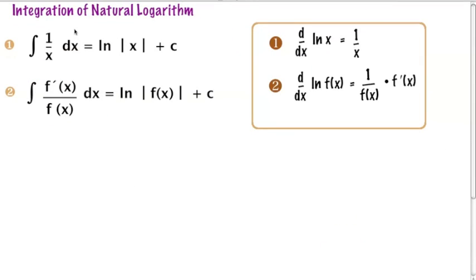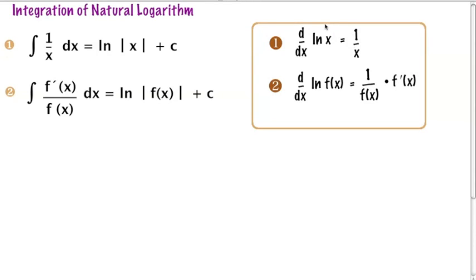Now we move on to the integration of natural logarithm. As you all probably know, integration is just the opposite of differentiation. So that is why I have included the two formulas that I showed to you earlier, so you can see the relation between these two formulas.